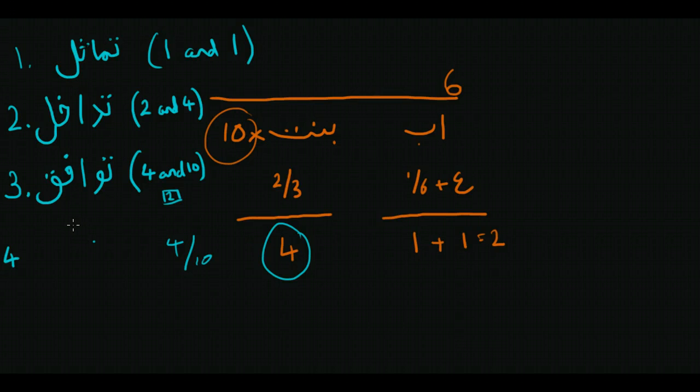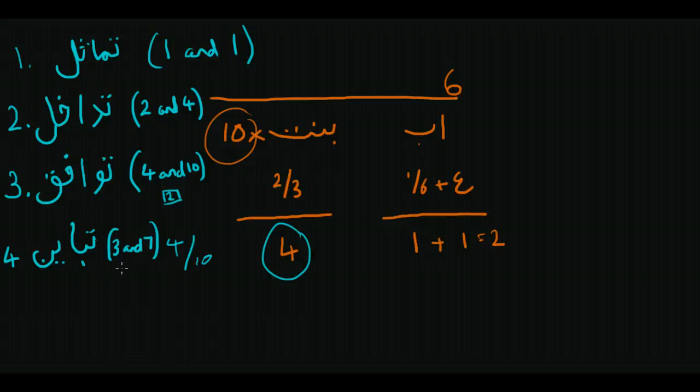Bayun is where there are 2 numbers, one doesn't go into another, and there's no third number which will go into both of them. An example of this would be 3 and 7.